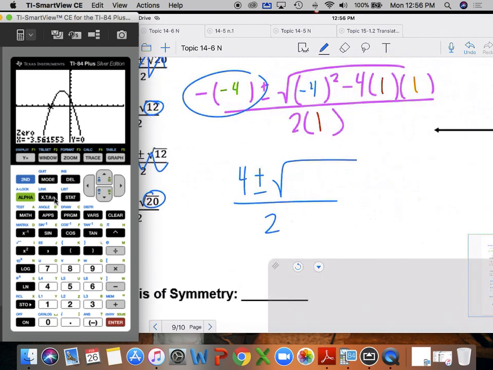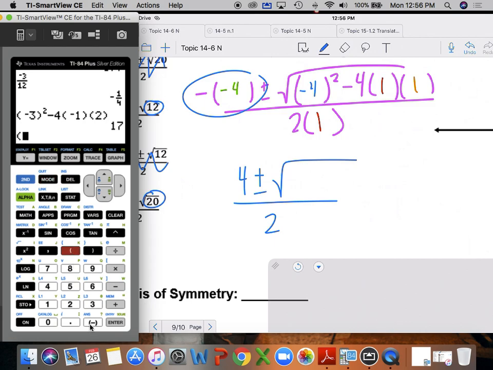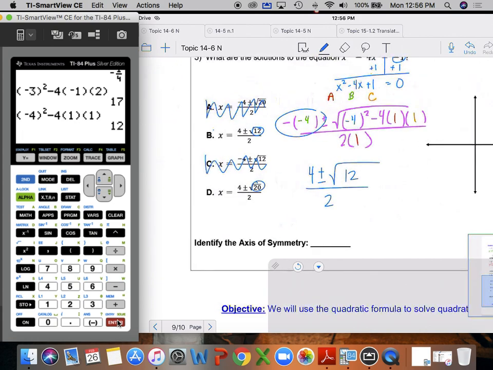So negative 4 squared minus 4 times 1 times 1 is 12, which would be answer choice B. Axis of symmetry is the front two pieces. 4 divided by 2 is 2.